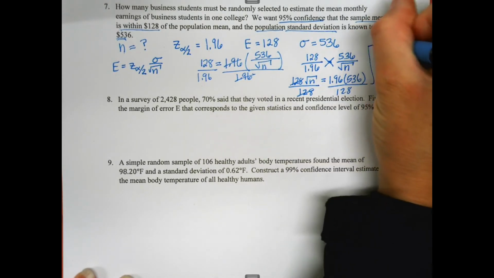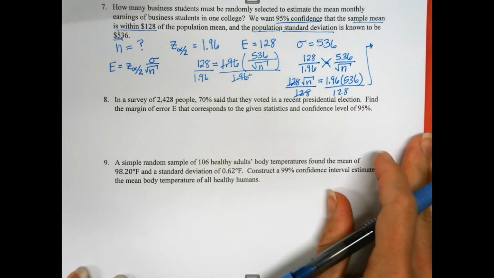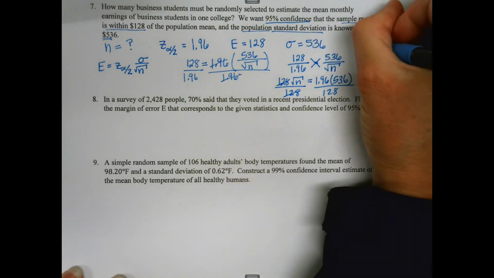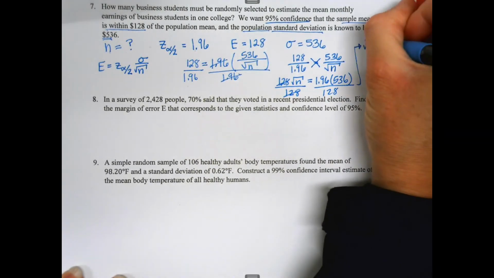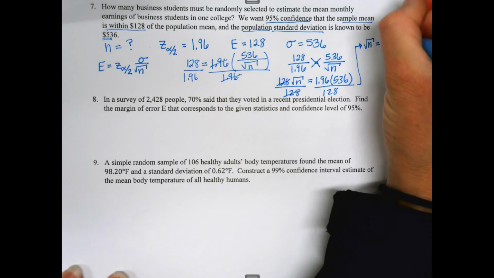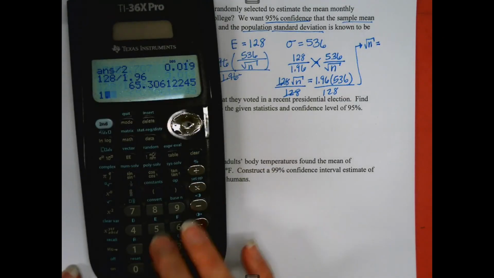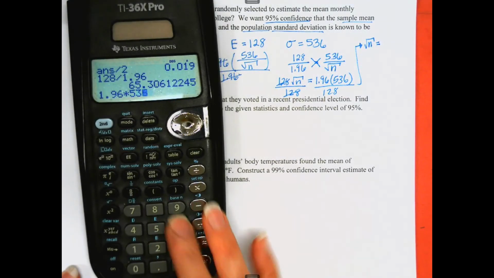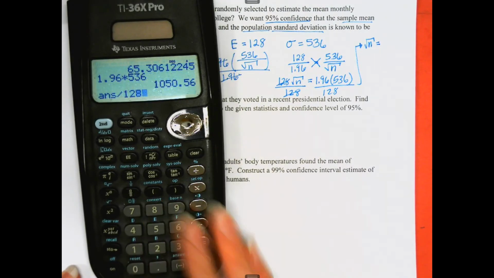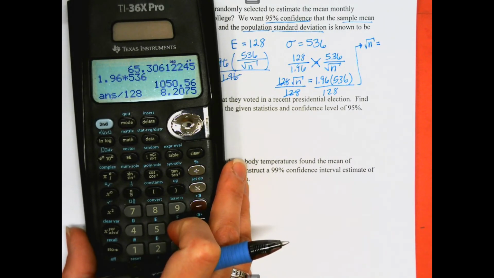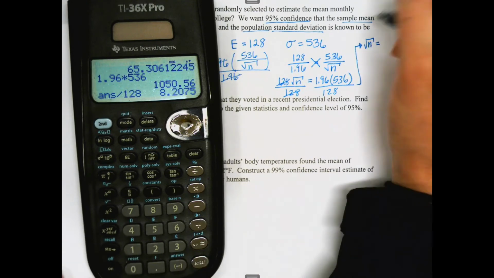Then the square root of N is equal to this fraction here, which is approximately 8.2075.